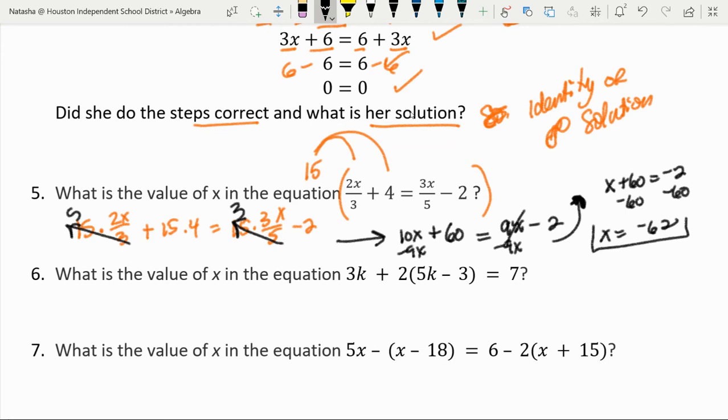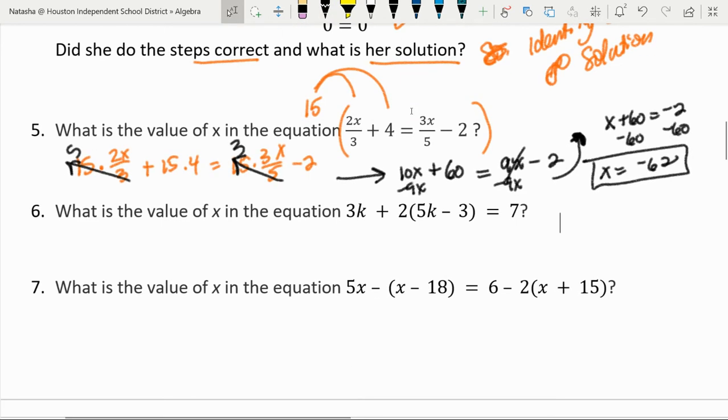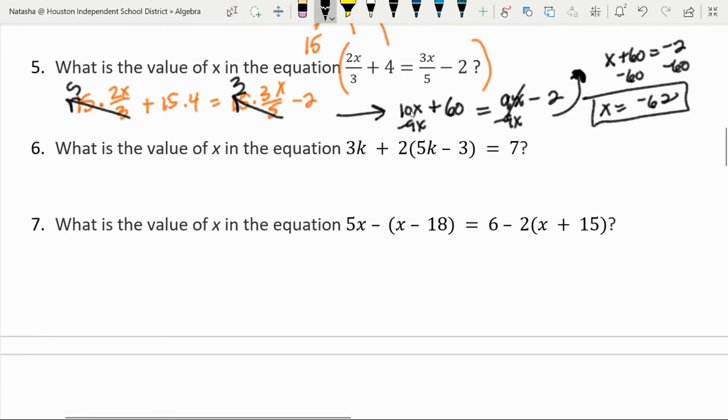All right, same with number 6. We're going to distribute. We want to know the value of K, and we're going to just solve. So make sure you distribute. This is going to give me 3K plus 2 times 5K, which gives me 10K. 2 times negative 3 gives me negative 6. That's going to be equal to 7.